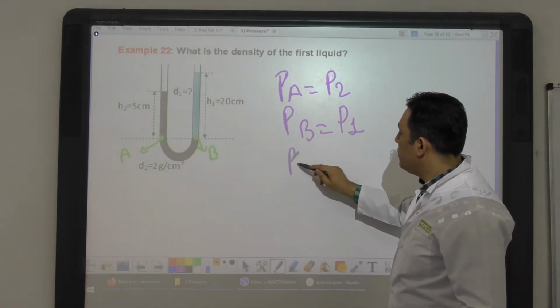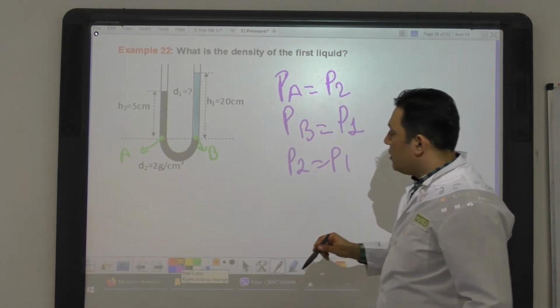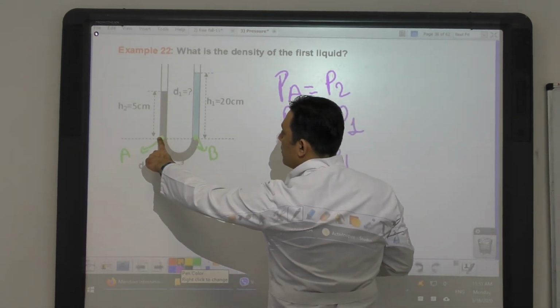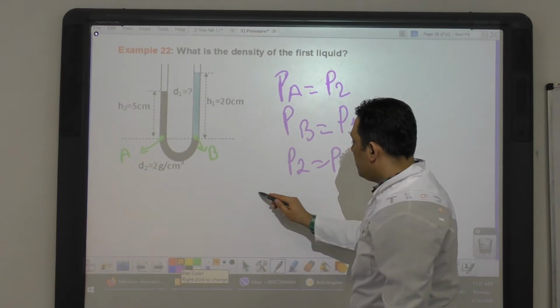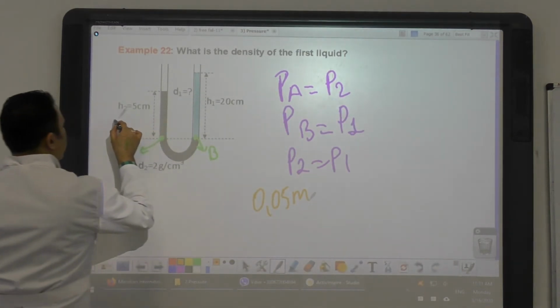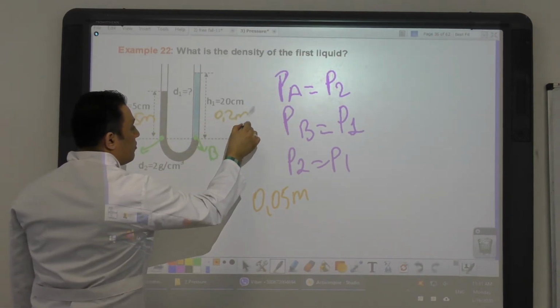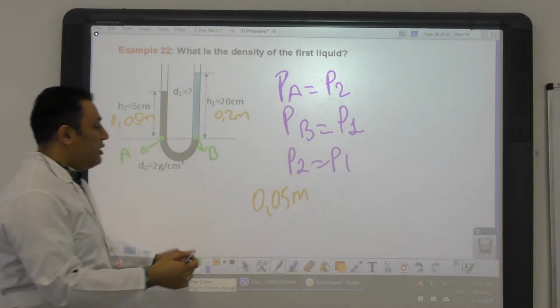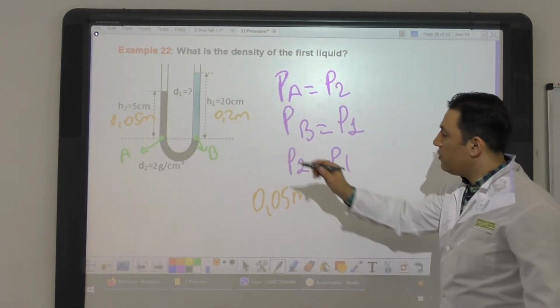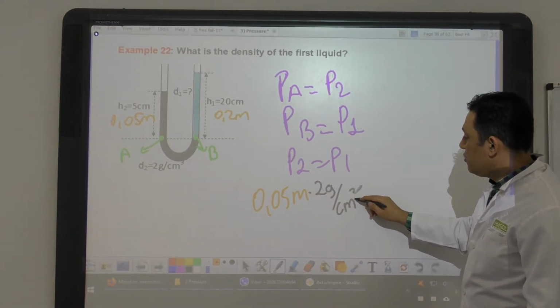So basically P2 should be equal to P1. At point A, the pressure is caused by the height, 0.05 meters. The values of the height should be converted into meters, and here it is 0.2 meters. This should be multiplied by the density, 2 gram per centimeter cube.